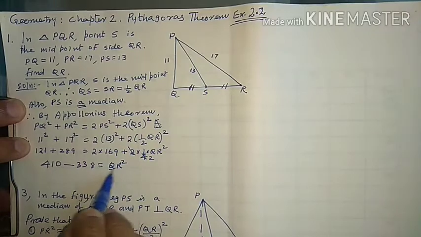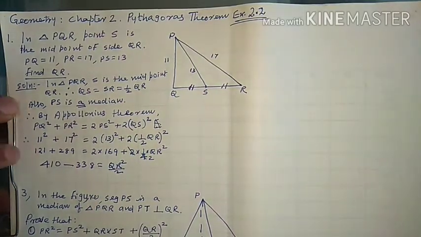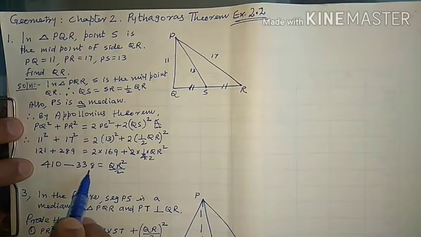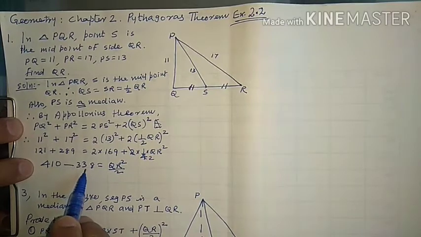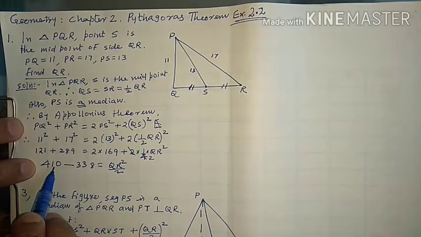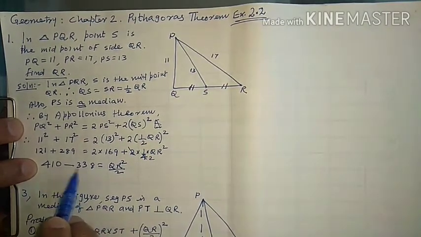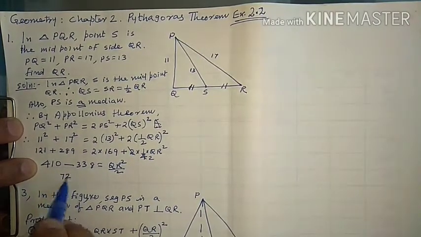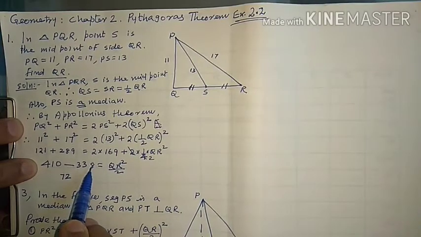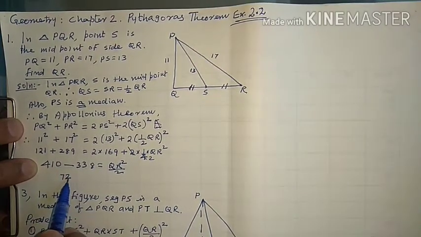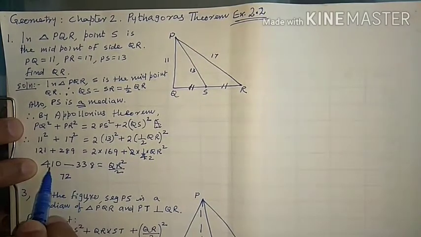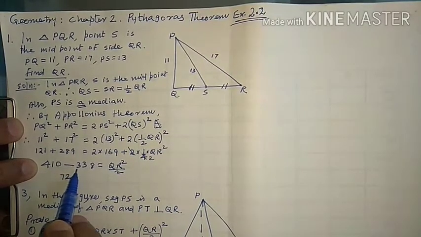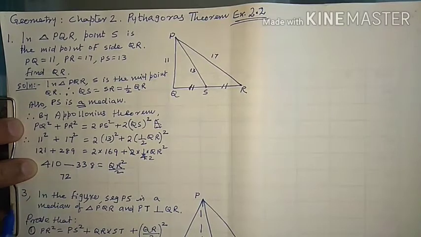QR square upon 2. Now we simplify here. Add 2 here, 40. Add 2 here, 112, 42. Then 72.